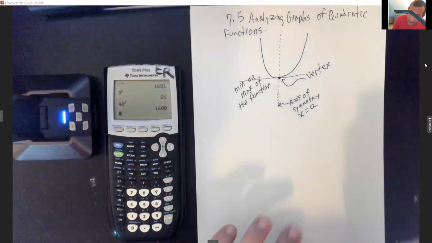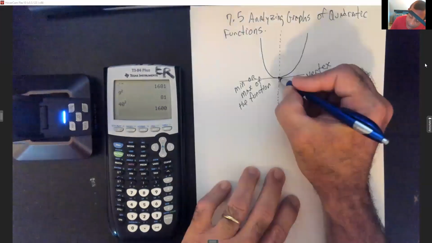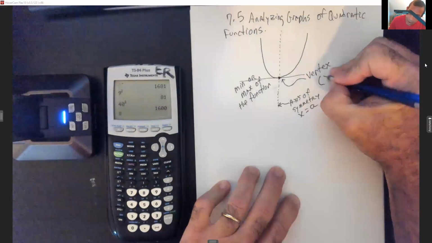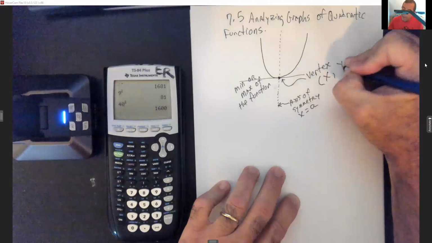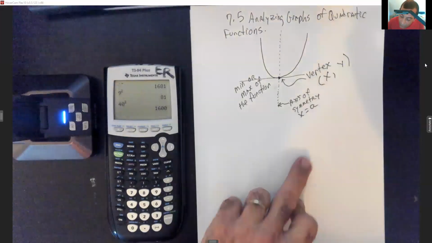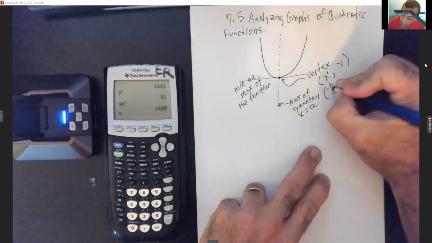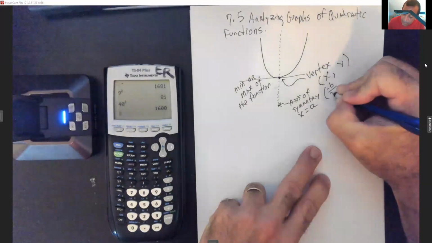All right, so this point is what we call the vertex. So the vertex will have an x value and a y value. To get the x value, we're going to use a formula, negative b over 2a.